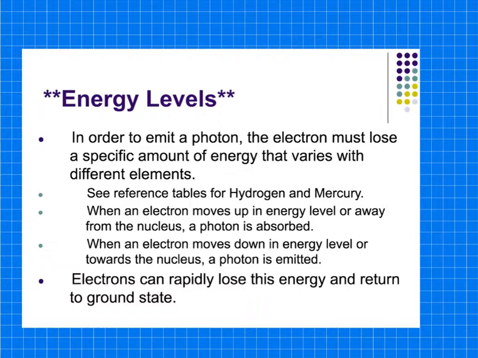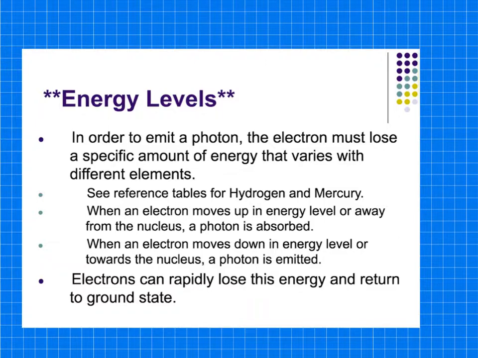If an electron is closer to the nucleus or is moving closer to the nucleus, we have to think about the force that's acting on the electron. The positive nucleus and the negative electron are electrostatically attracted to one another.